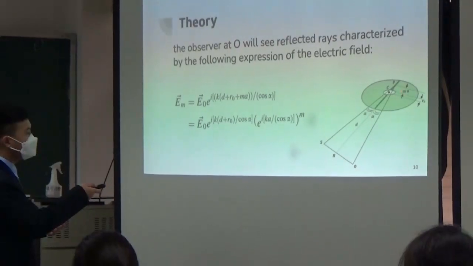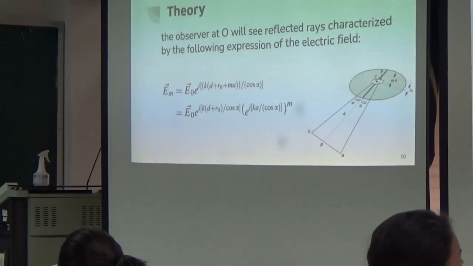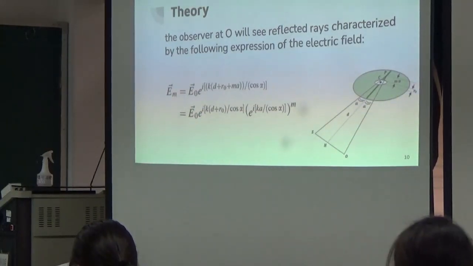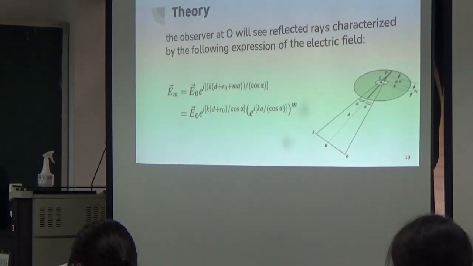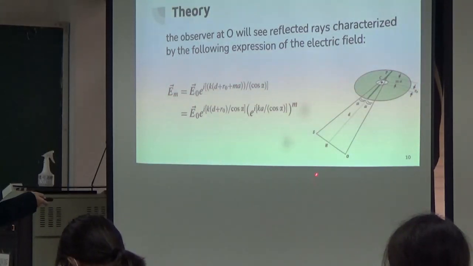And A is the track width, which is 4,400 nanometers, and M is just the integer, the number of tracks. But this is the HP line, right?